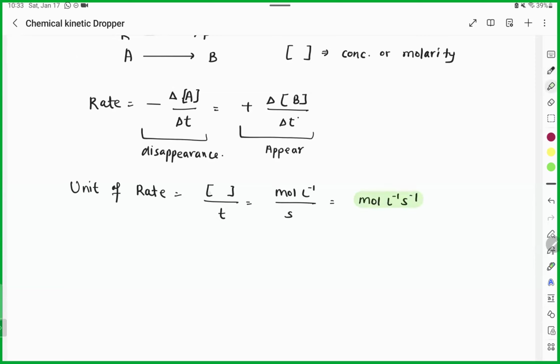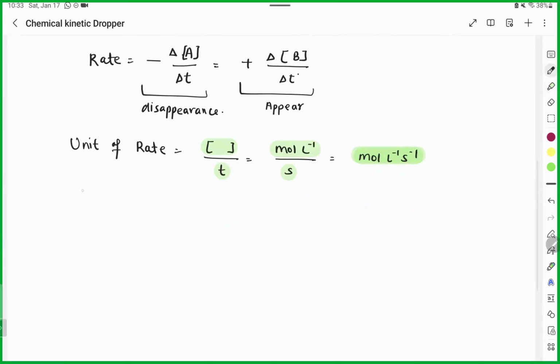Because rate is concentration divided by time. The concentration or molarity unit is mole per liter, and time is second, so it will be mole per liter per second. In case of gases, if you calculate the rate, then the rate unit will be atmosphere per second, because instead of concentration you are using pressure, and pressure is expressed in atmosphere.